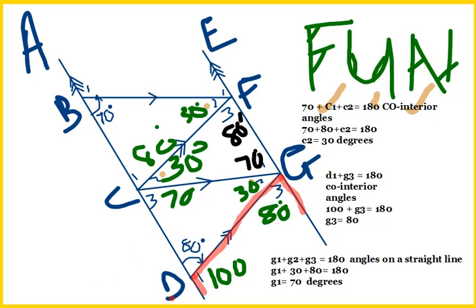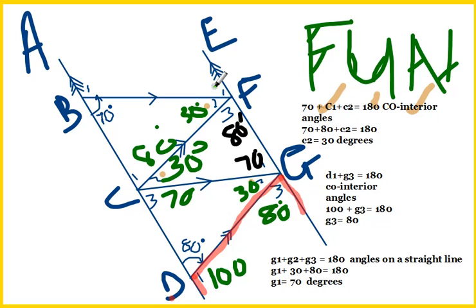And we can try again to look for our F. So it would look something like that. That means this whole angle, so G1 plus G2 is equal to F1 plus F2. And if our G2 is equal to 30 and our F2 is equal to 30, that means our G1 is equal to F1.